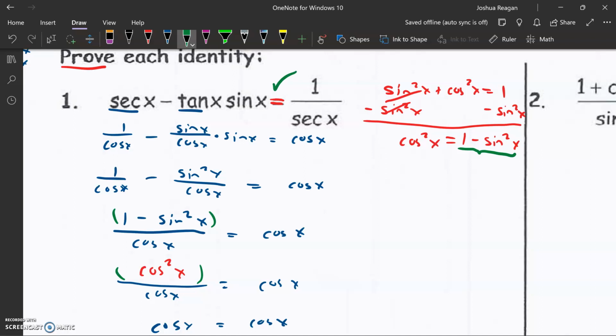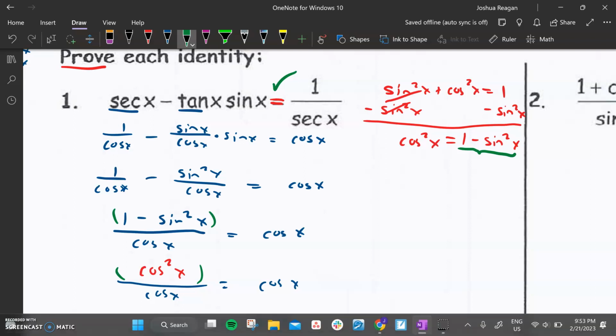We proved it by showing that this left side, through a series of manipulations, is equal to cosine of x. This right side, through a series of manipulations, is equal to cosine as well. And these sides are both equal to each other. So all of this on the left side equals this on the right side.